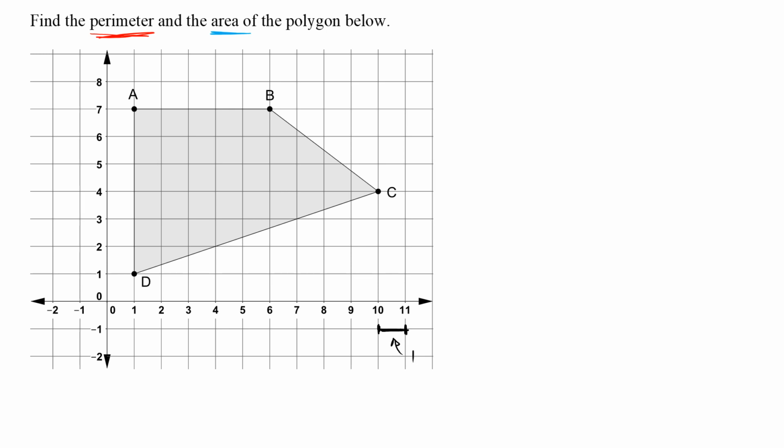So when I talk about the perimeter, I'm going to be expressing it in those units. And when I talk about the area, it's a unit times a unit. So my area is going to be given in units to the second power, units squared, or square units.